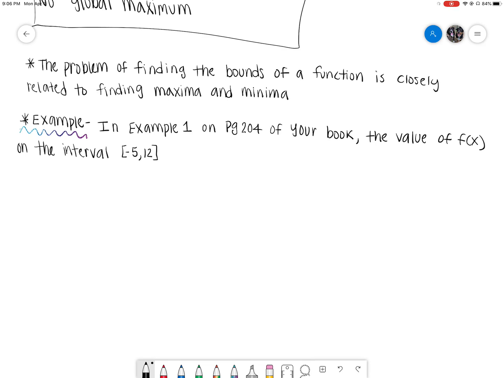Remember, we talked about what these brackets mean. It ranges from -396 to 104.